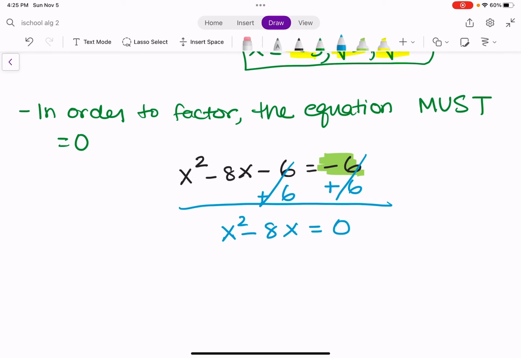Now at this point, it equals 0, so I'm good to go to start factoring. Now if you notice, it's only 2 terms, so the way that I'm going to factor is I'm going to take out the GCF. In this case, all I can take out here is an x. So I have x parentheses, x squared divided by x is x, minus 8, and it equals 0.